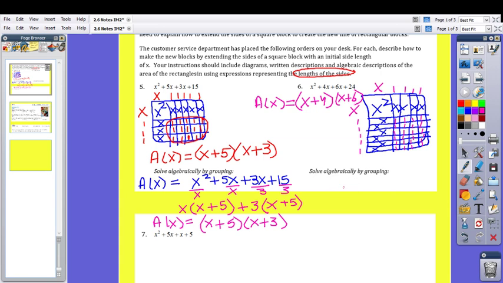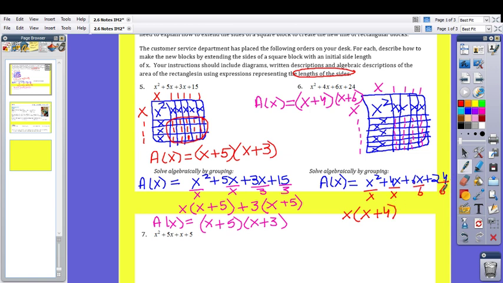If we do it the algebra way, I'm just rewriting it right now. Here, if you take x common from these two, you'll get x out, here you get x left, here you get 4 left, and then 6 is common in both.